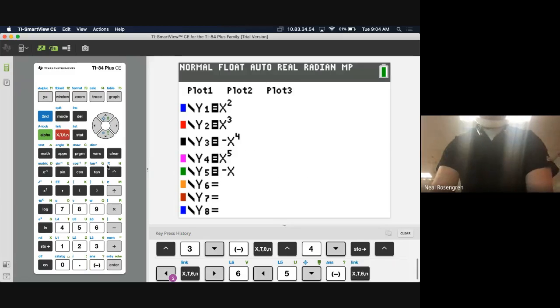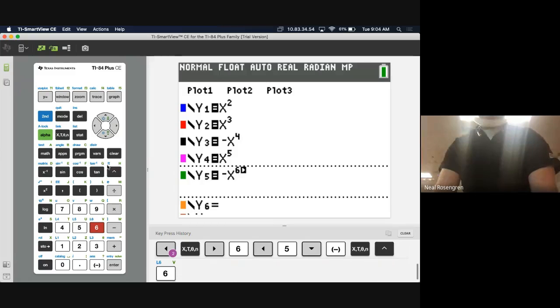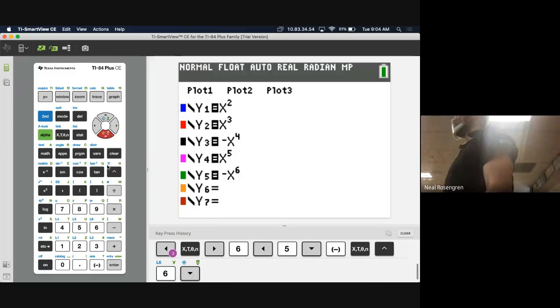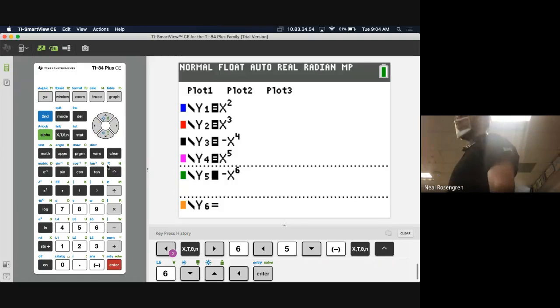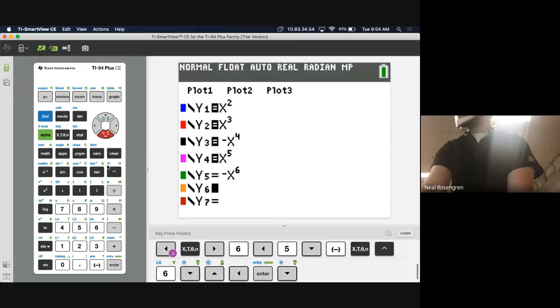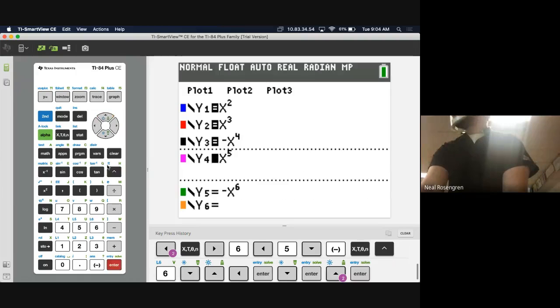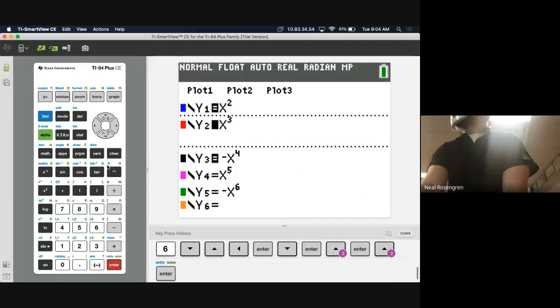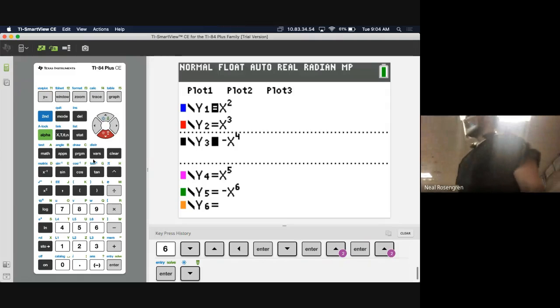Now, we're not going to look at all of them at once, so I don't know if you remember, but I can go to these equal signs and I can turn them off by just pressing enter. Enter. Enter.